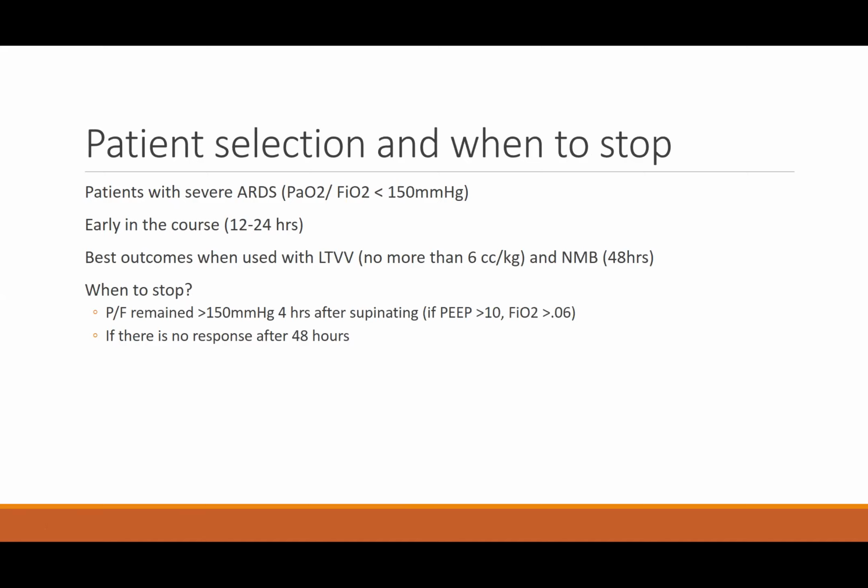For the most part, the way I see it being practiced is that when a patient falls into severe ARDS and has a P to F ratio of less than 150, we're going to start looking at, can we prone these people?